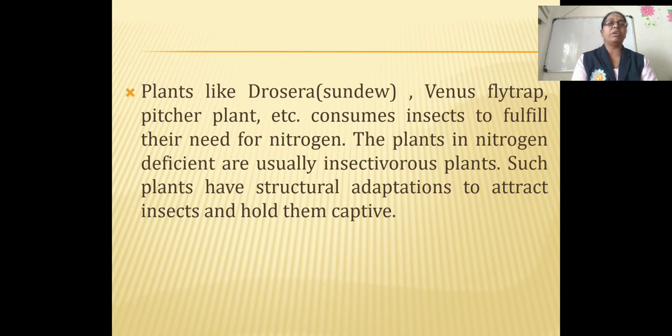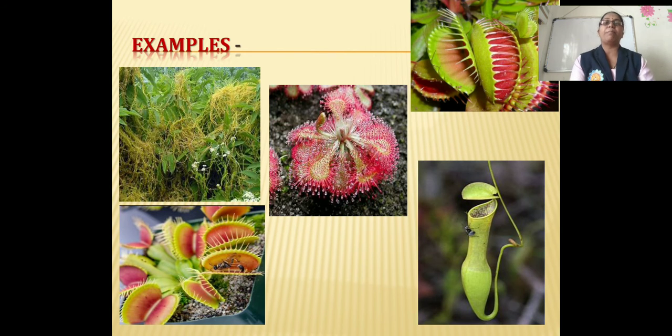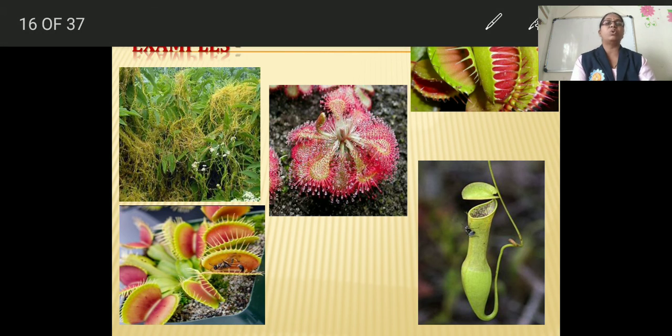Next, here is given one point: plants like Drosera, Venus flytrap, pitcher plant, etc. consume insects to fulfill their need for nitrogen. The plants in nitrogen deficient soil are usually insectivorous plants. Such plants have structural adaptations to attract insects and hold them captive. Here examples are given. First one you observe here is cuscuta.